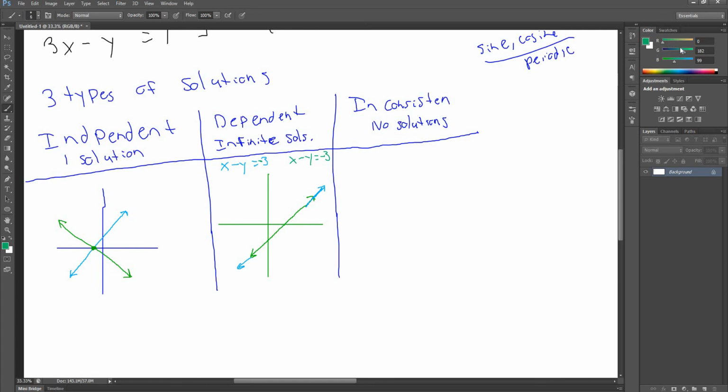And then inconsistent, in terms of slope-intercept form, and we can even write this in standard form too, so this might be like x minus y is equal to 4, and x minus y is equal to 7. If I were to switch these to slope-intercept, this would be x minus 4 is equal to y, and x minus 7 is equal to y. These, if we recall, are parallel lines.